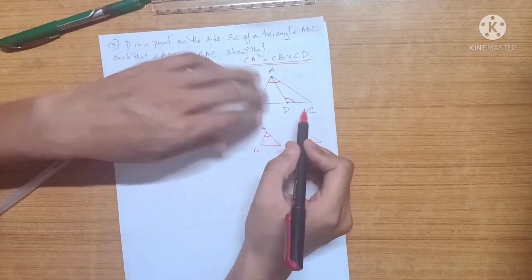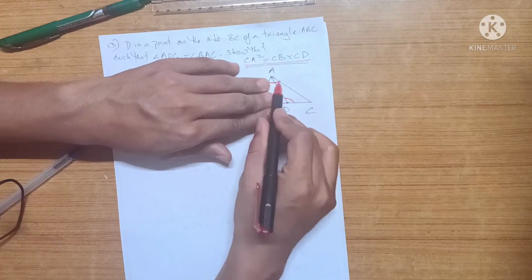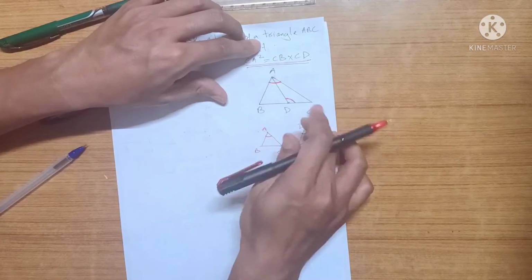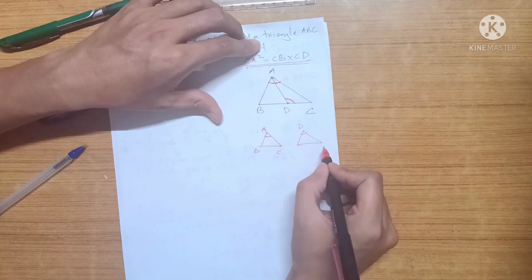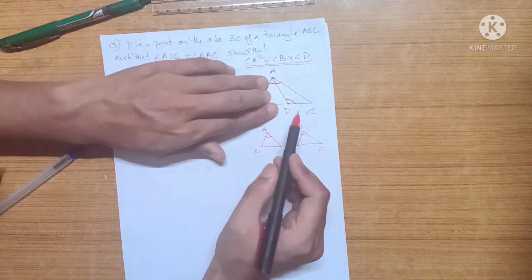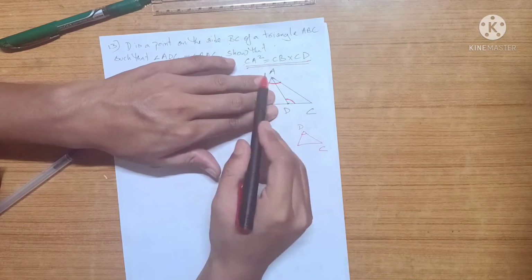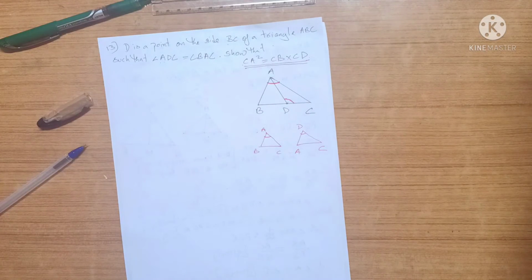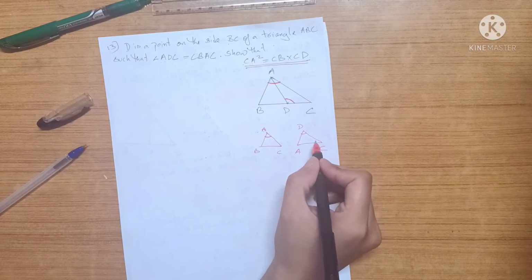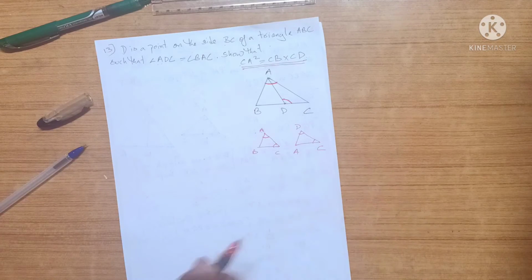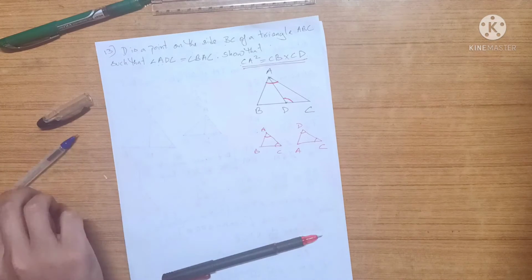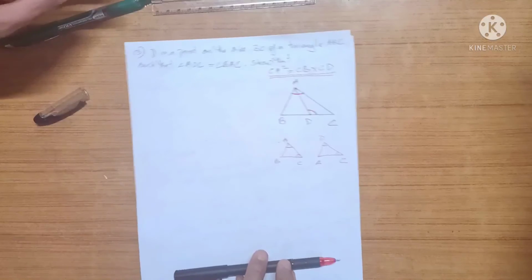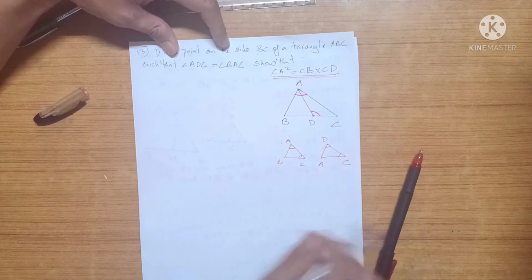If you look closely, it's angle C, because here also C is included, and in the big triangle also C is included. So in this triangle, I've written D, I've written C. What is left? A, right? So once we do that, C and C is equal, we can show that these two are similar. So let's do that first, and then we can think of what we can do.